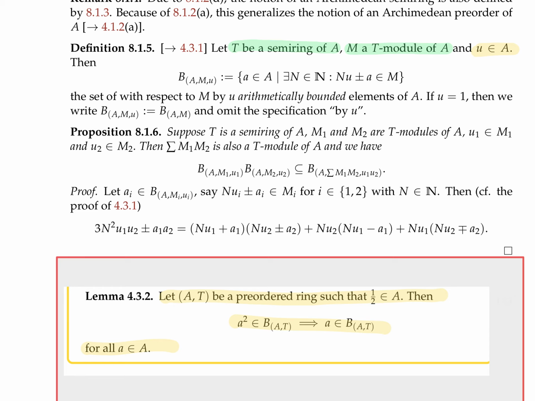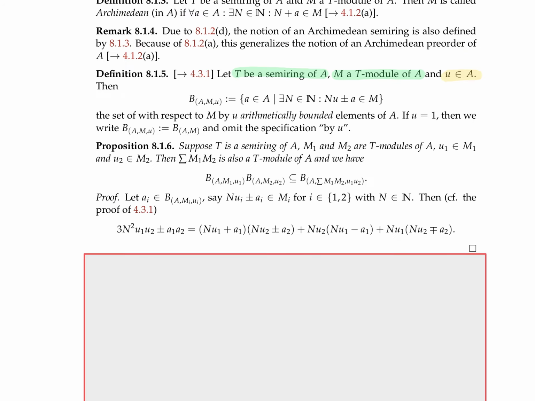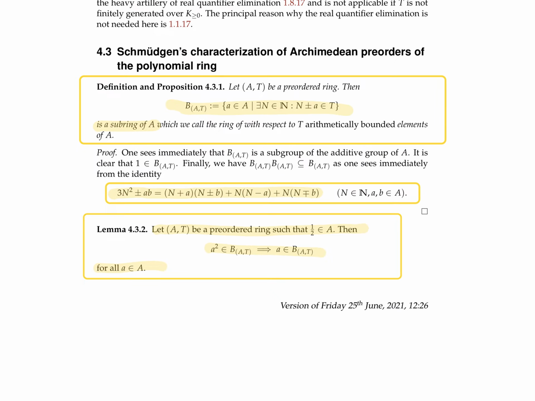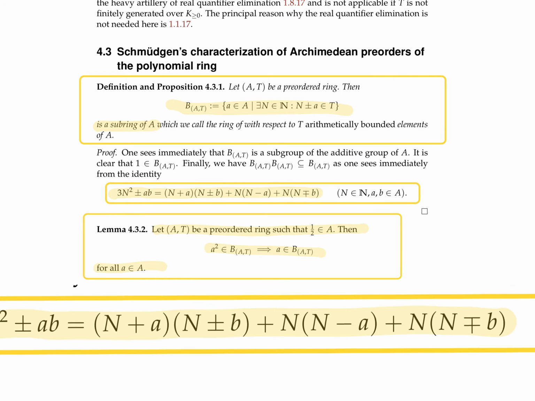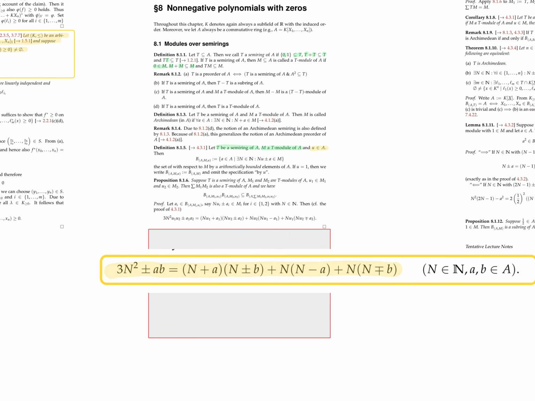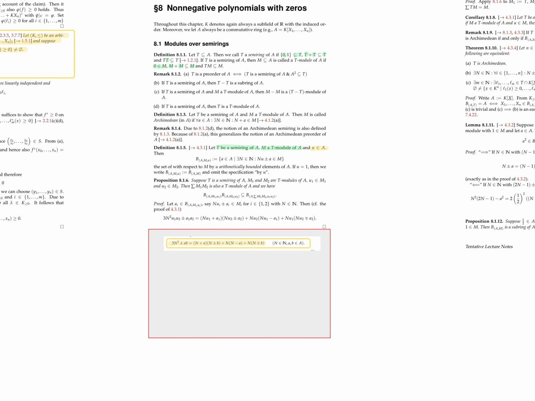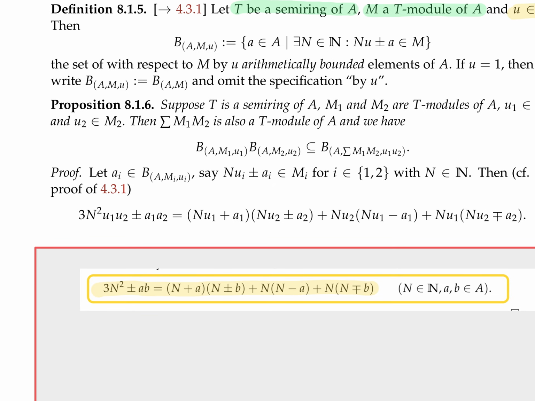Then I have, okay, I did not copy the right thing. I wanted to copy the identity. Okay, then I have, now it gets a bit more complicated, where here is 3n squared times 1 times 1, right?